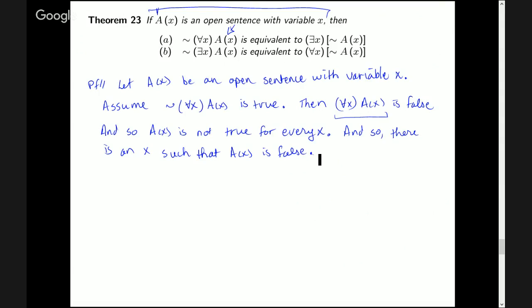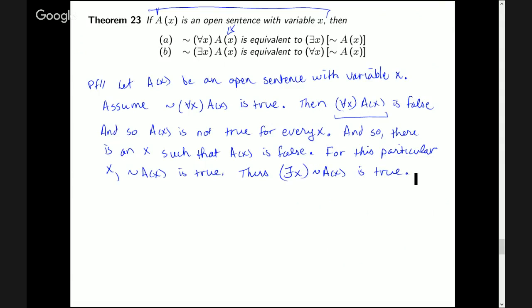Now, for that particular x, I have then not A of x is true. Because A of x is false, so not A of x is true. Thus, I have shown that there exists an x, not A of x is true.